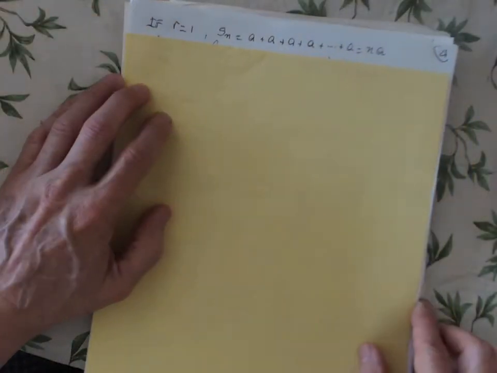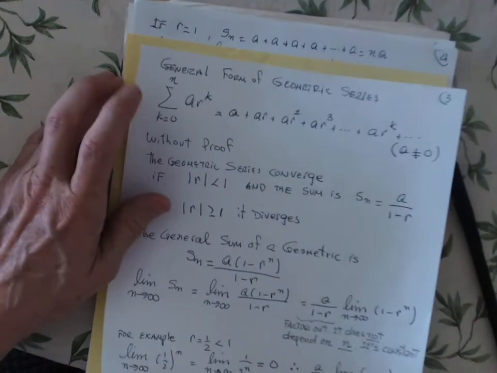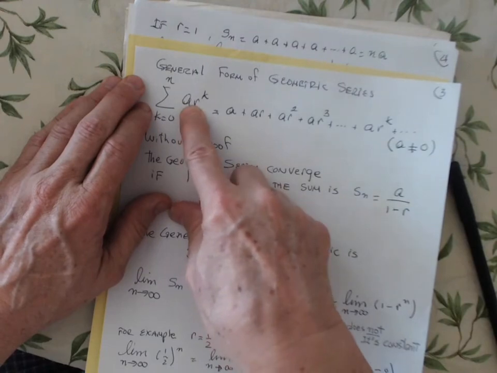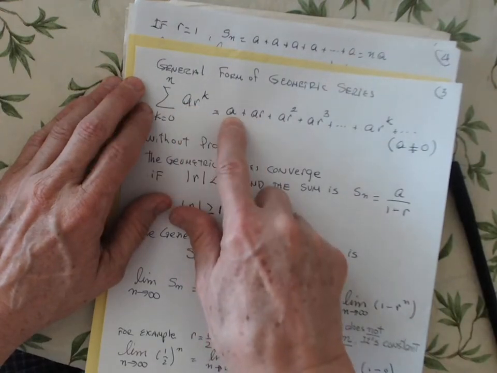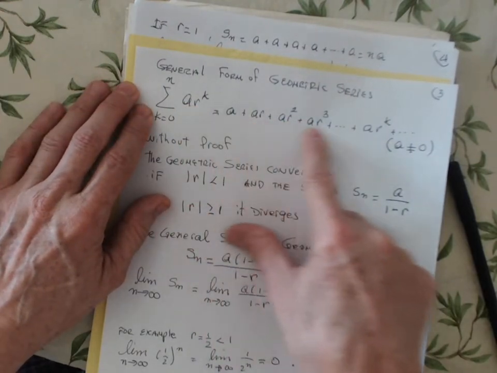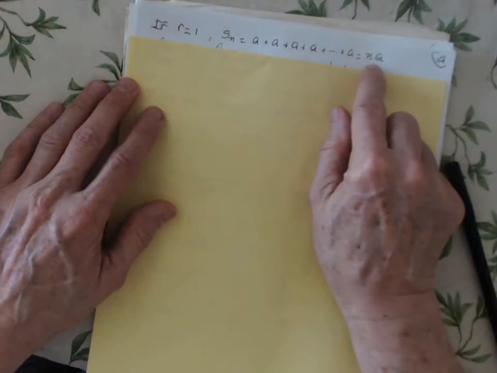Now, but what happens if r equals 1? Well, if r equals 1, we plug in 1 here, so you're going to have 1, 1, 1, so it's a. How many a's do you have? n a's.